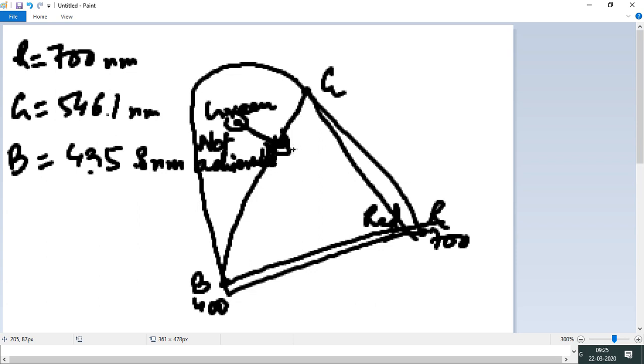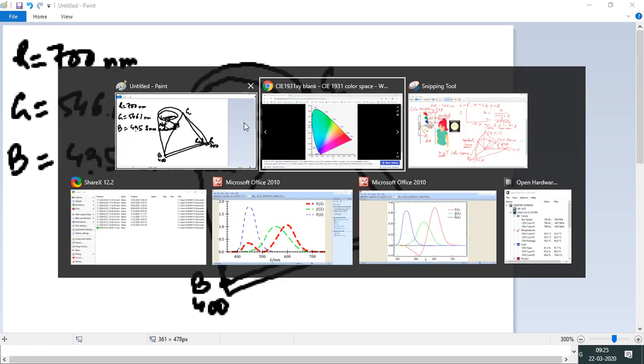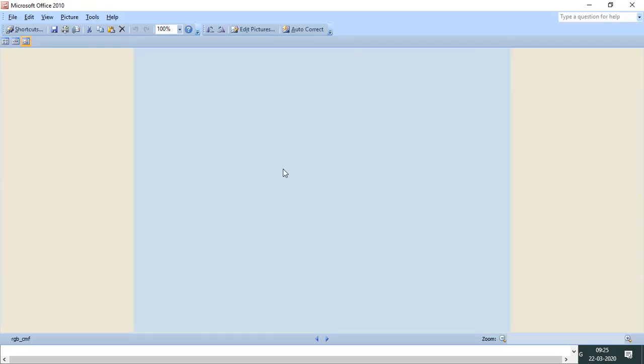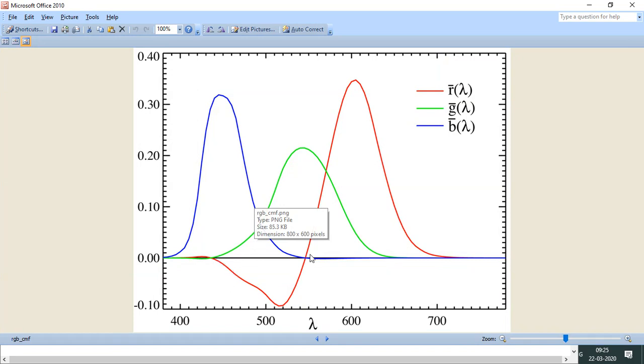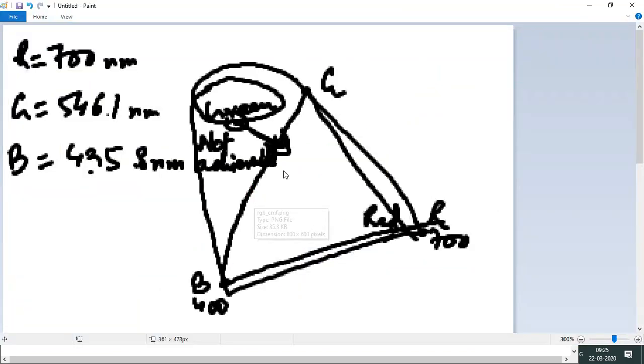So that means you have to remove red from the adjustment field and add red to the fixed field in order to reproduce certain colors from how much? 450 to 550 nanometers, which is essentially the green region of the XY coordinate space, right?